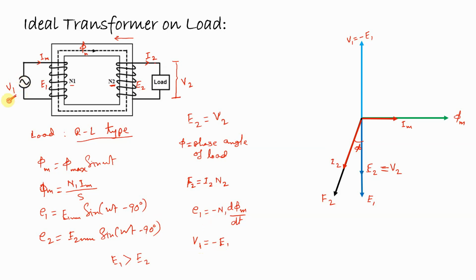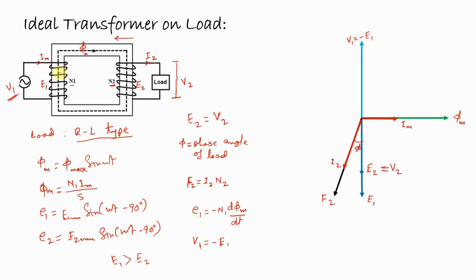It is constant, so V1 cannot be lower. So if V1 is constant, then E1 should also be constant. And to make E1 constant, phi m should also be constant. But this phi m is reduced by the magnetomotive force which is developed in the secondary side.